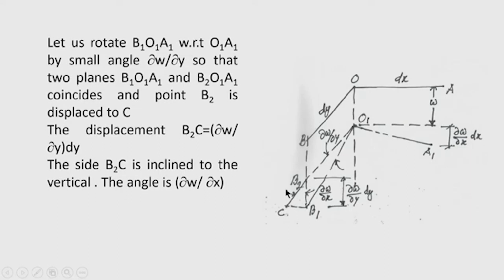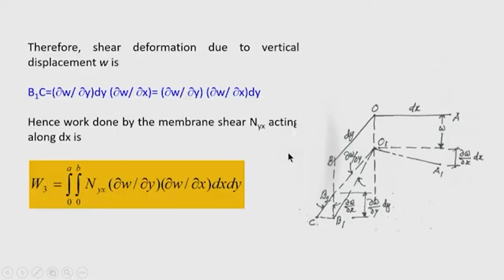The side B2 C is inclined to the vertical by the angle del w by del x, the slope in the x direction. Therefore, the shear deformation due to vertical displacement W is B1 C. So, what is B1 C? Because B2 C is now del w by del y into dy, this vertical side is approximately equal to B2 C.